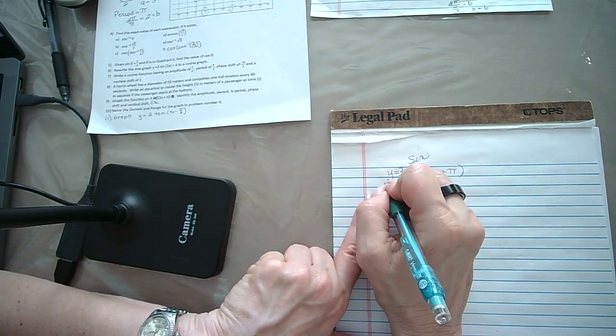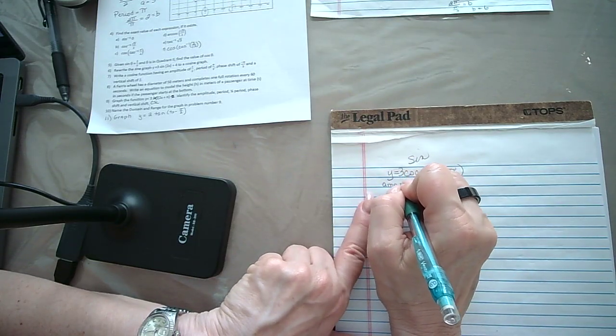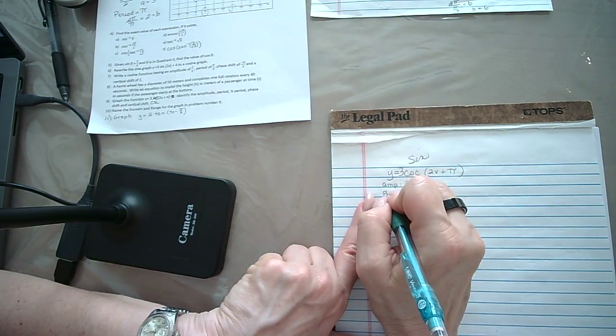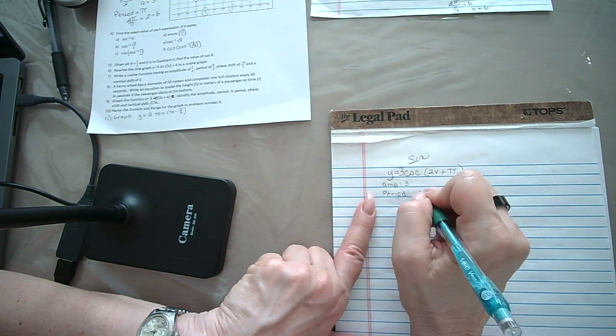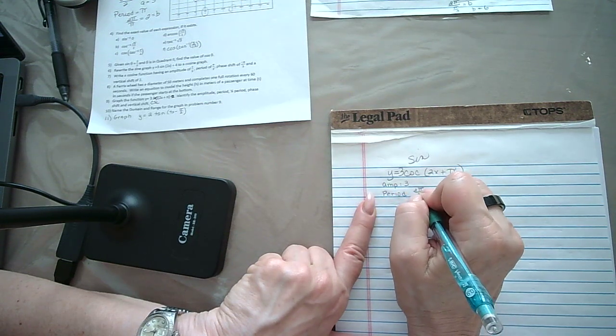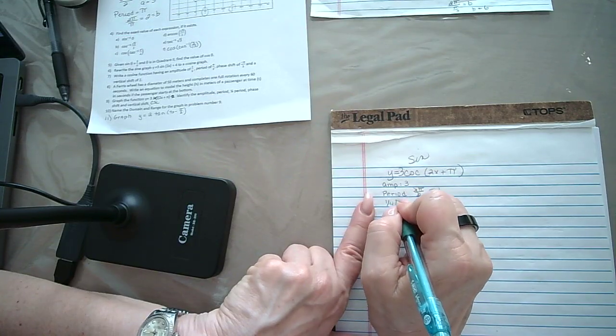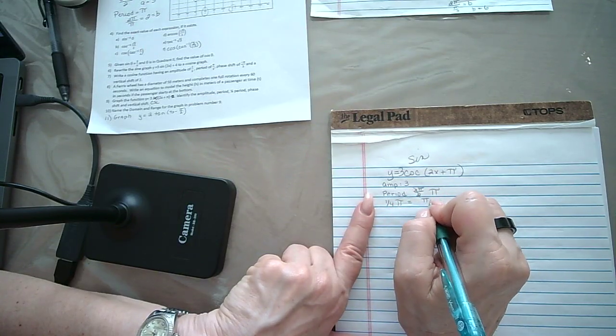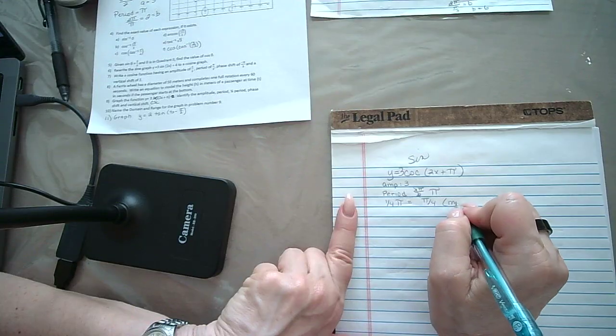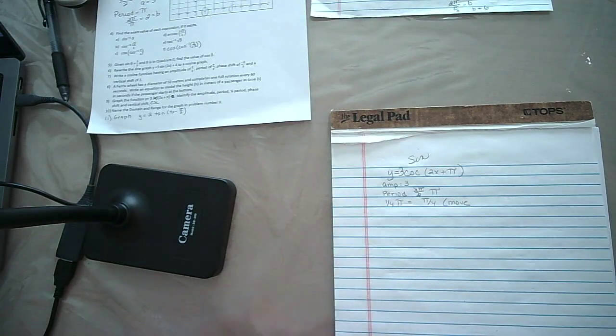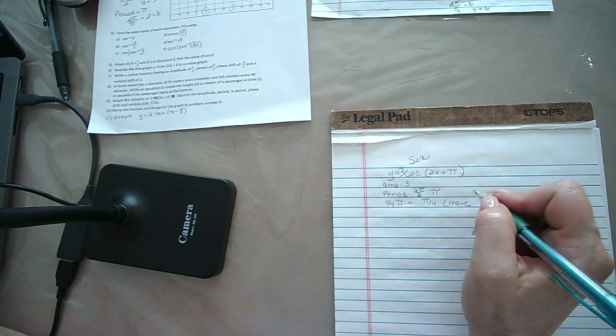So we're going to do what we've been doing, amplitude 3, period 2 pi over 2, so it's pi. 1/4 of the period is pi over 4. Again, guys, this is how we move from piece to piece, is pi over 4.